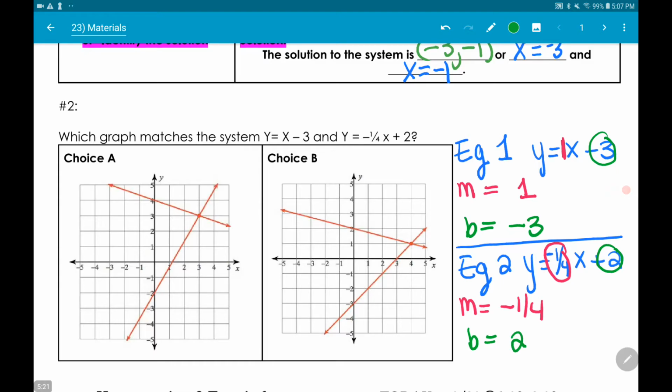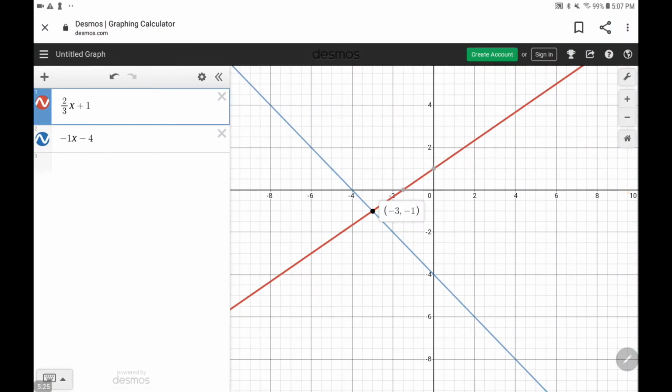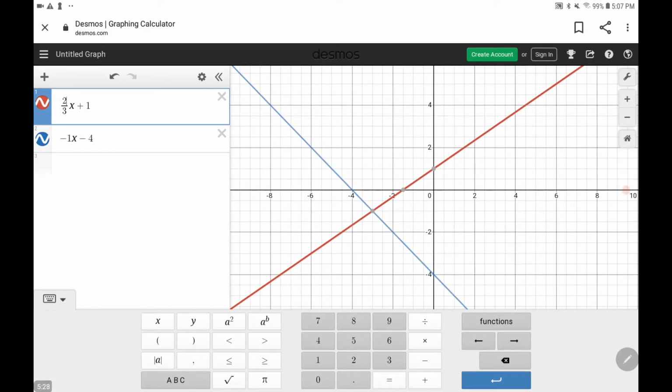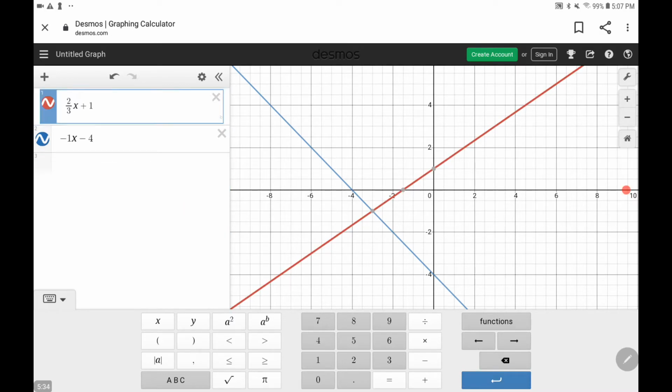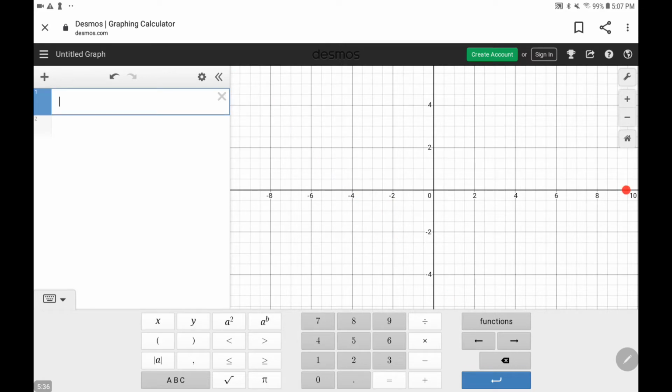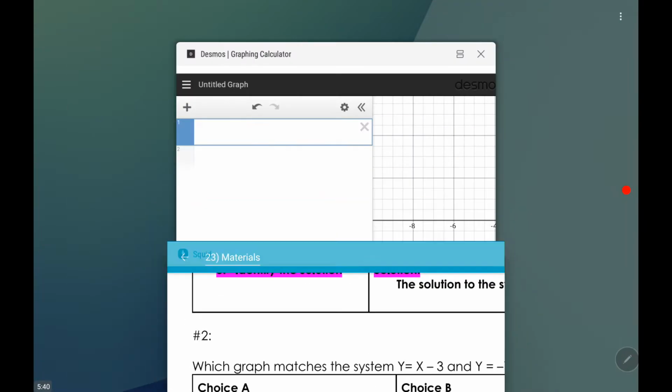All right, if I want to see what it looks like on the graph, again, I'm going to do the same thing I just did. Let me erase. Okay, so what I'm going to write in is x minus 3.